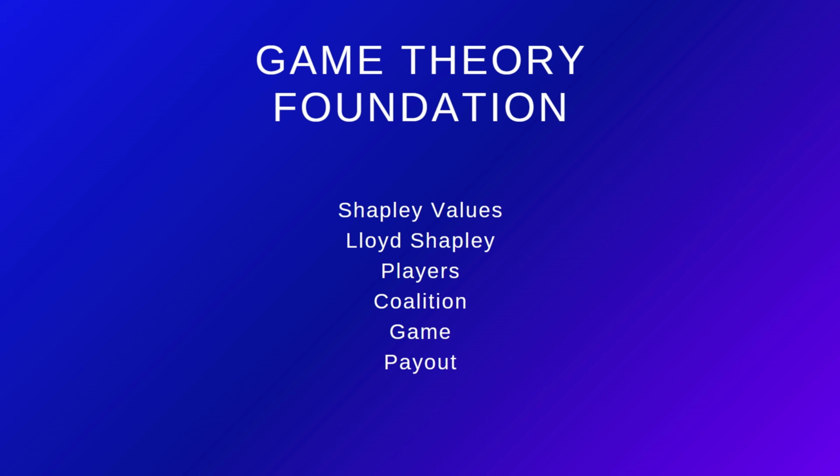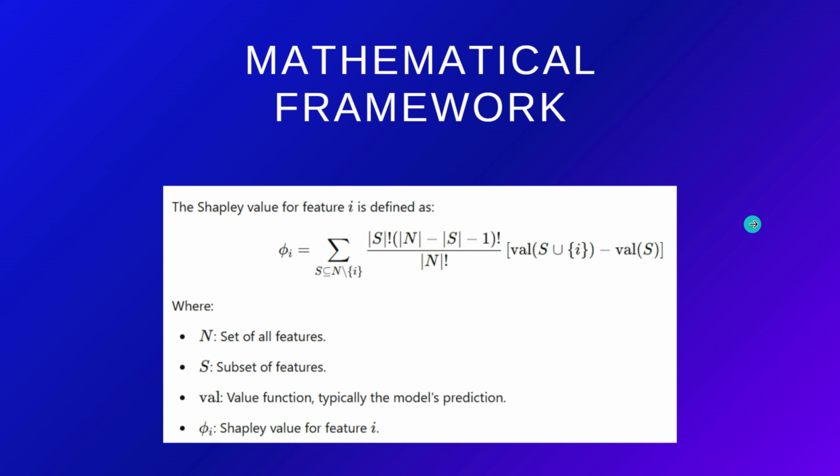And by considering all possible coalitions, SHAP ensures that the contributions are calculated in a way that's mathematically rigorous and interpretable. For this slide, the foundation of SHAP lies in game theory, and its use of Shapley values ensures fairness in attributing predictions to features. And what's next?